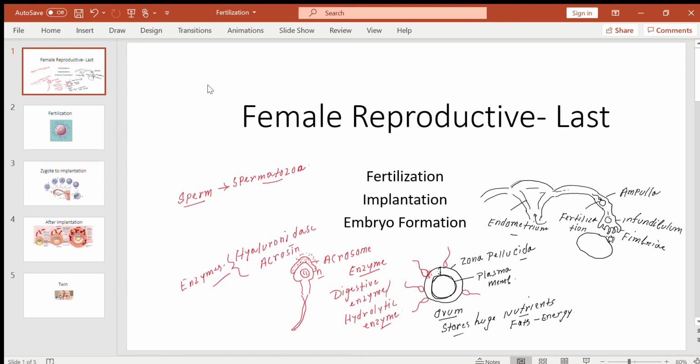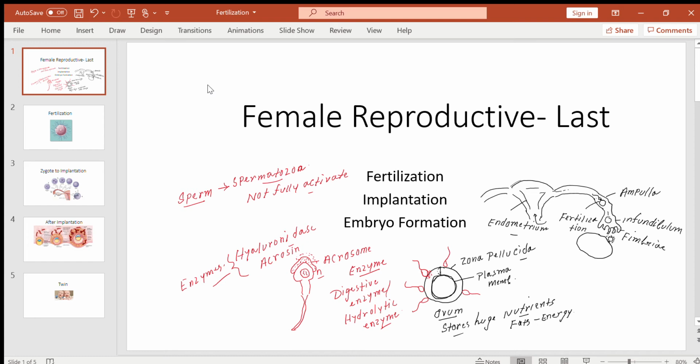Although it is a mature sperm, it is not fully activated.